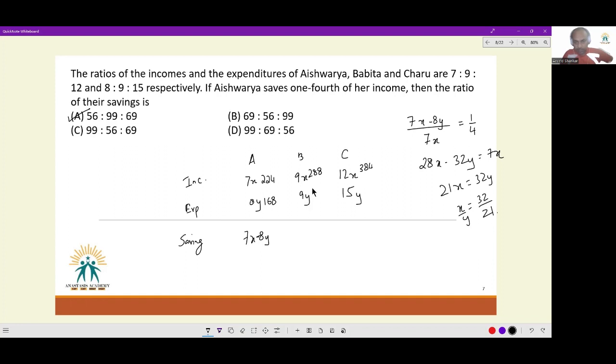And 9 into 21 will be 189. And 15 into 21 will be 315. And then we will get to the same savings numbers. We'll get to 56, 99, and 69, and we can still mark the same answer.